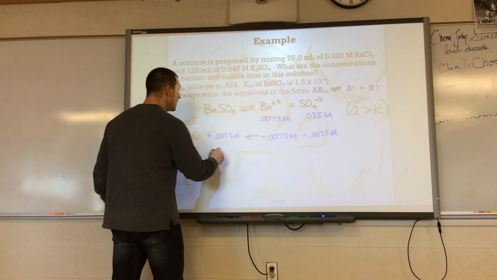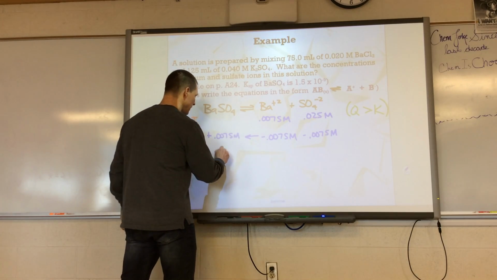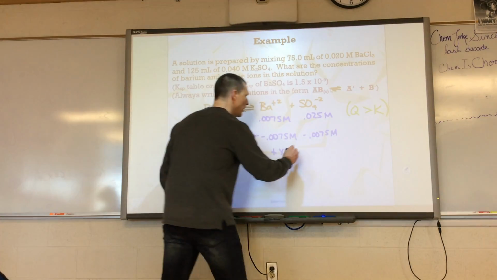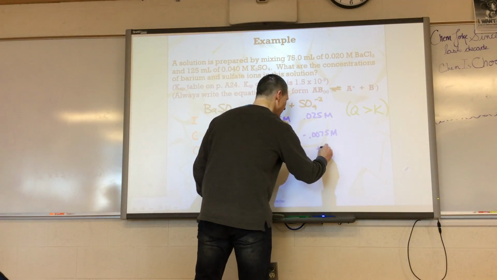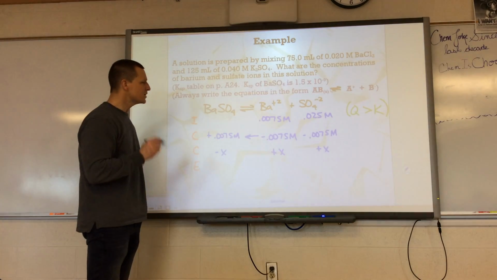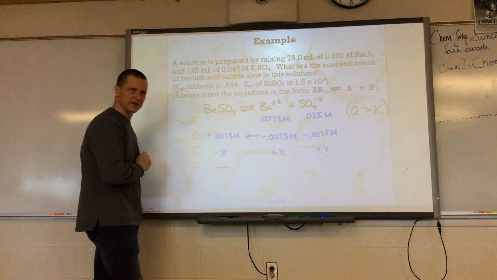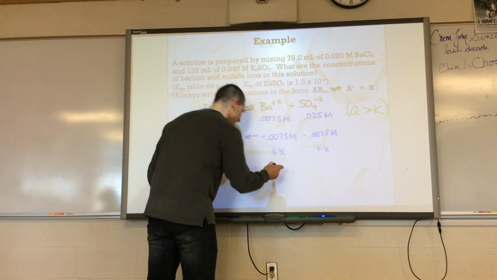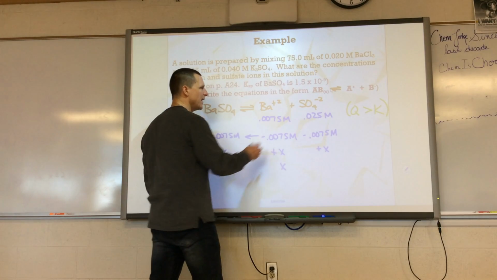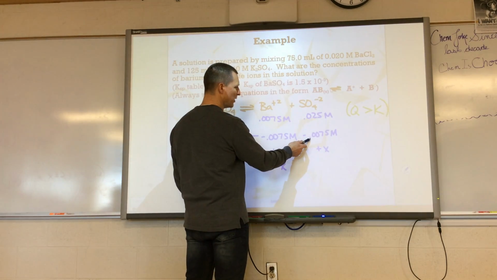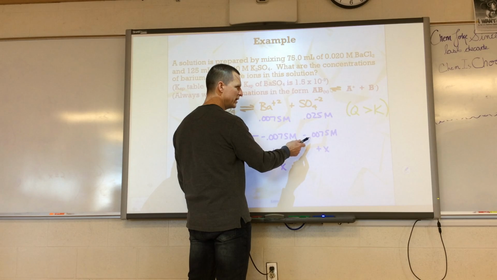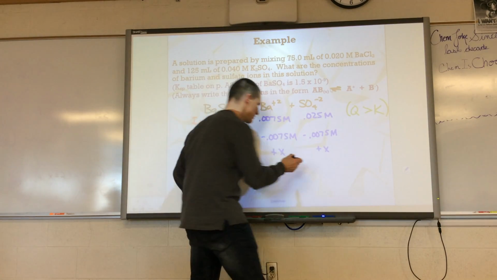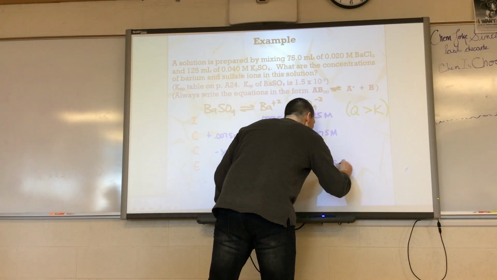As it goes back to the right, the barium sulfate is going to go back and slightly dissolve. As it does that, the barium goes up by x, and the sulfate goes up by x. So then at equilibrium, this doesn't have a concentration because it's a solid. The barium was at 0, and then it increases by x, so it's just x. And then the sulfate, 0.025 minus 0.0075 is 0.0175 plus x.